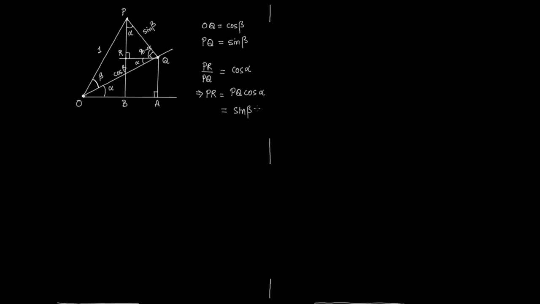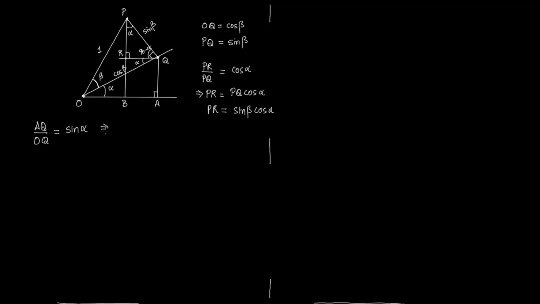We have already found that out. So we find that PR is equal to sin beta times cos alpha. We found this by working in the triangle PRQ, applying the definition of cos alpha, and we know angle RPQ is alpha from before.